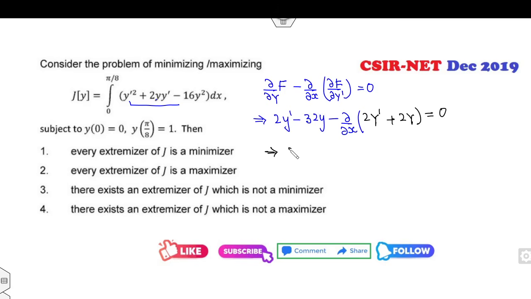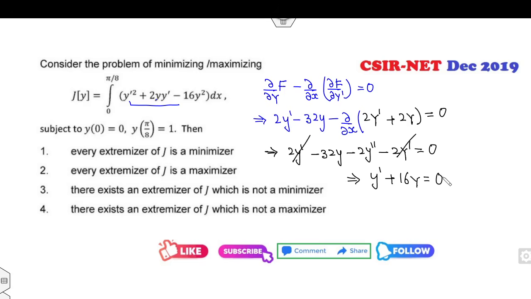If I open this bracket: 2y dash minus 32y minus 2y double dash minus 2y dash is 0. This value will be cancelled out. So 2 is also cancelled. Y double dash plus 16y is equal to 0.